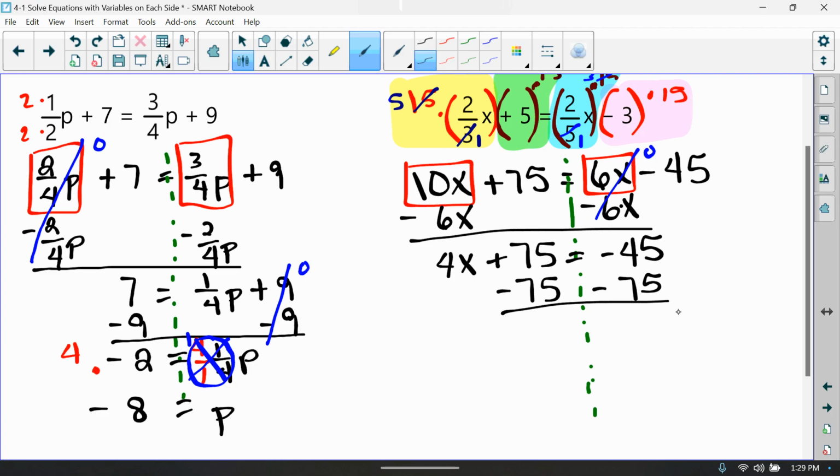This is a number plus its opposite, that's equal to 0. And we're left with 4x is equal to negative 120. And now to get the x by itself, we will divide by 4 on both sides. So here, those 4's cancel to 1, and x is equal to negative 30.